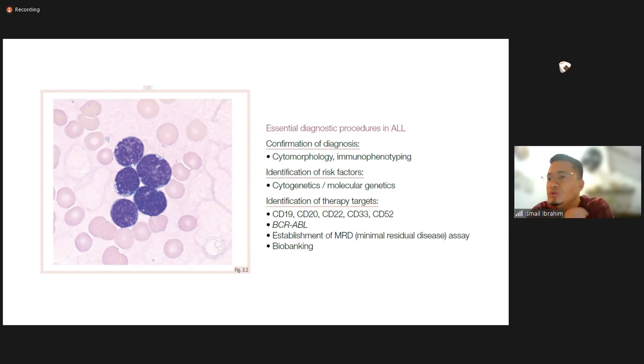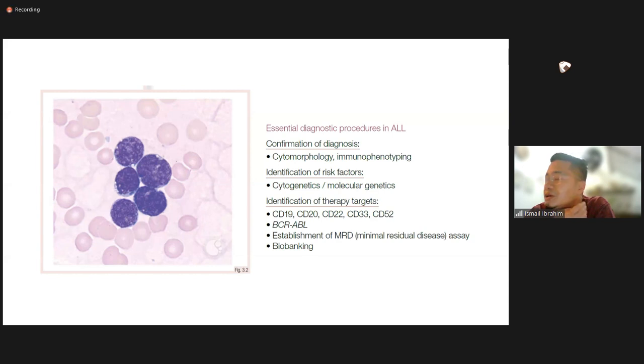For example, if we use the BFM 95 protocol that we are using at the moment, normally for young patients, among the risk factors we look into is whether the patient has BCR-ABL positive or 9;22 translocation, or another translocation called 4;11 can also carry a poor prognosis. Apart from that, we also look into whether this is B or T cell.